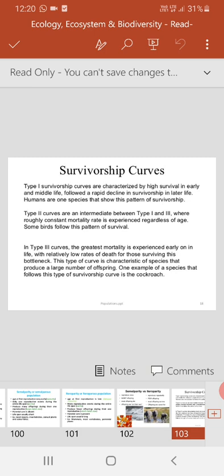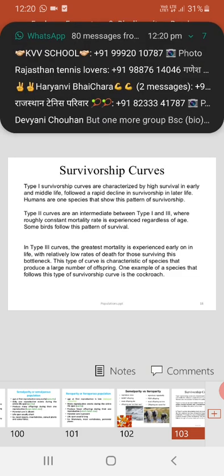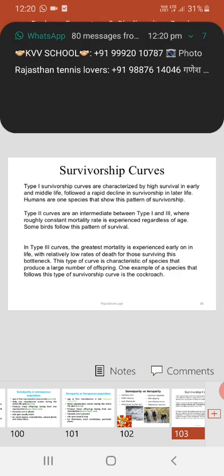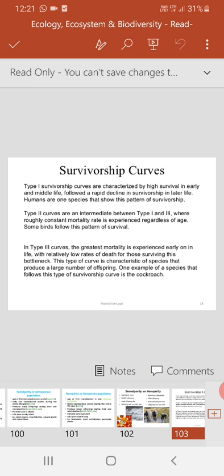So their curve is a concave curve, highly concave curve. In case of type 3, the greatest mortality is experienced at the early stages. For example, if 1,000 eggs are produced by an insect, out of the 1,000 eggs, only 100 actually survive, and those 100 individuals will complete their lifespan, while the 900 eggs or offspring die at very early stages of life.